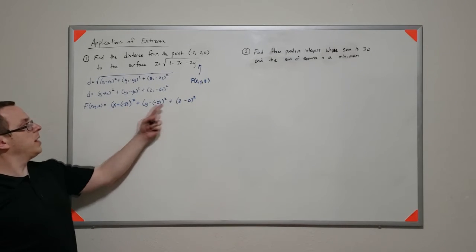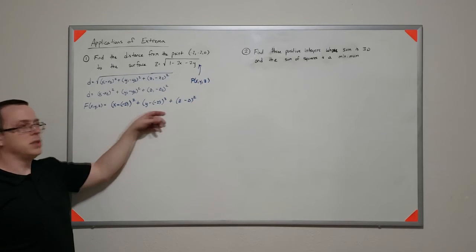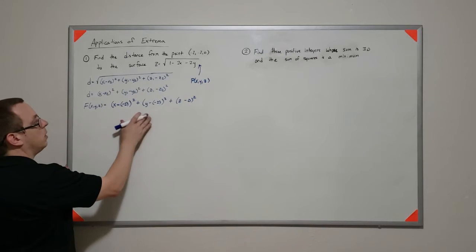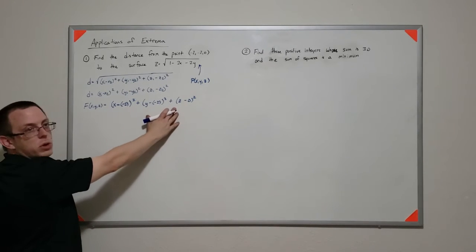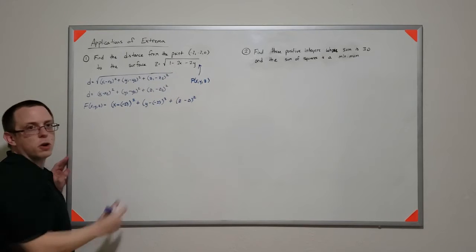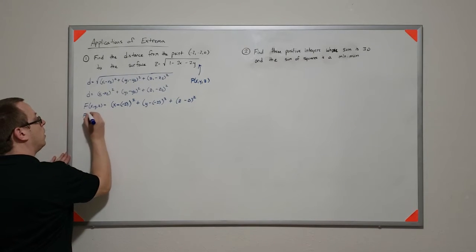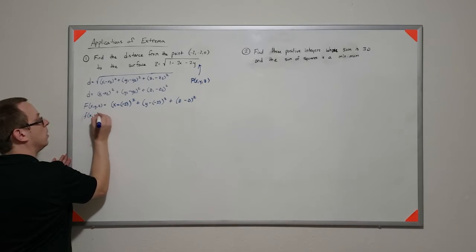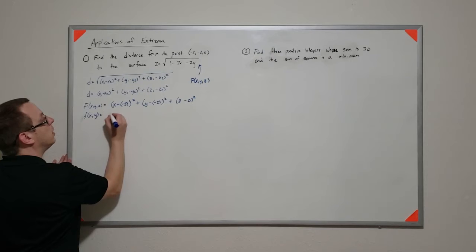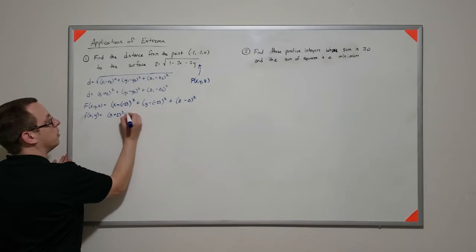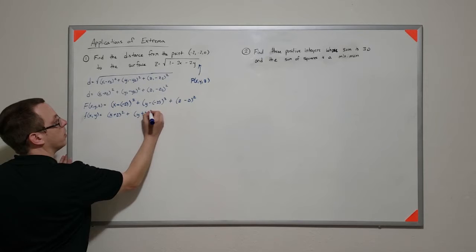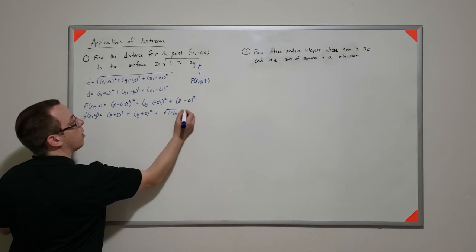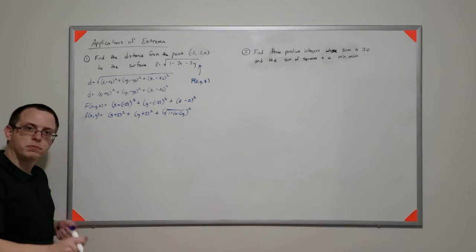So really we're trying to find the x, y, z that minimizes this equation, that makes the output of this the smallest. So we have x and y, but if you look at this, z is actually defined in terms of x and y. So I could just say (x plus 2) squared plus (y plus 2) squared plus the square root of (1 minus 2x minus 2y) squared.